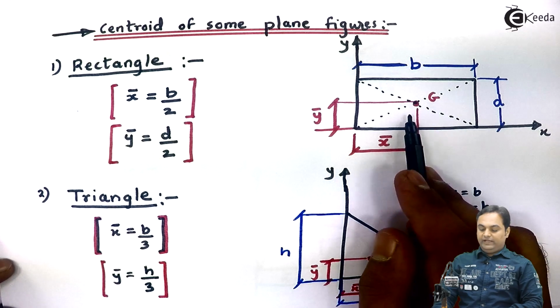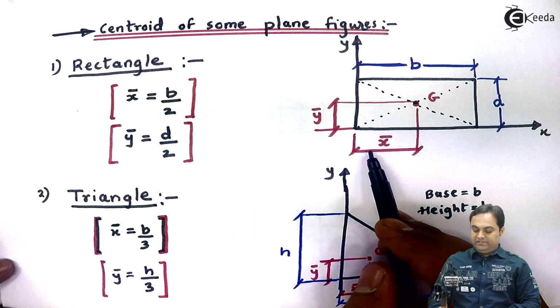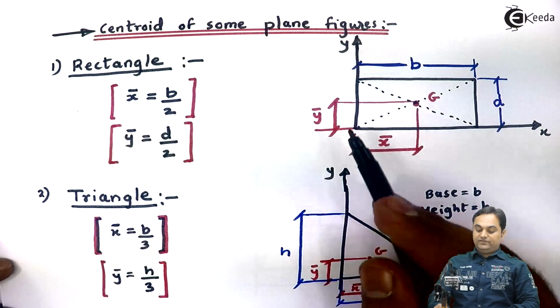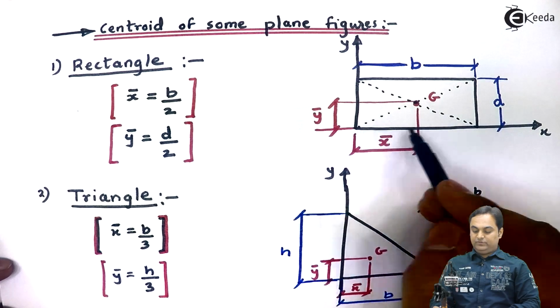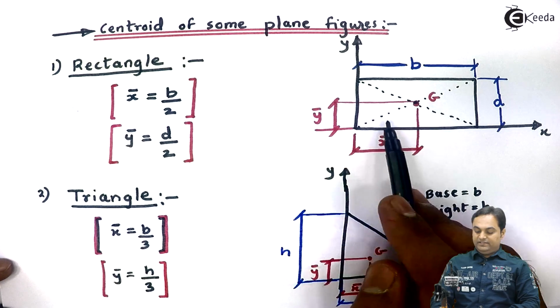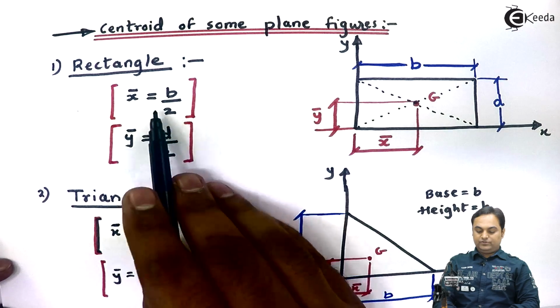So if we want to calculate the coordinates for this centroid, the coordinates are given by x bar and y bar, where x bar is the distance with respect to the y axis and y bar is the distance with respect to the x axis. So x bar for a rectangle, if the width is b, is half of b, so it is b by 2.